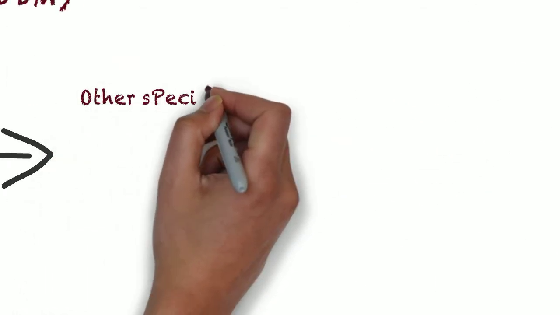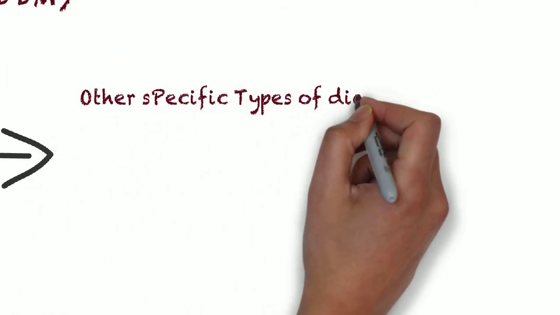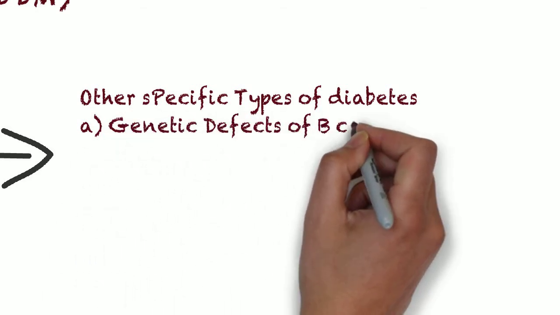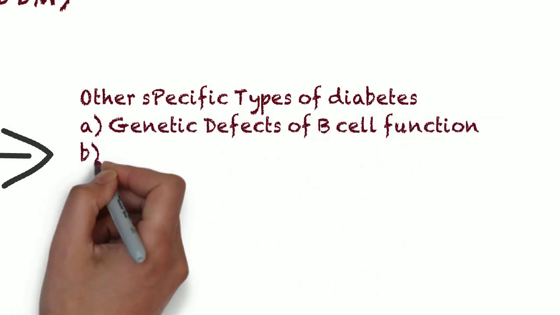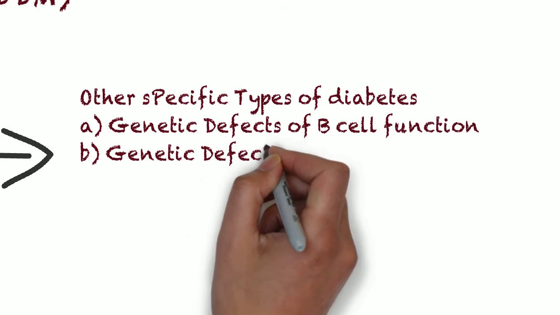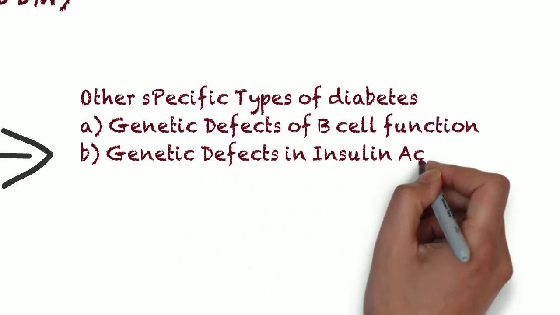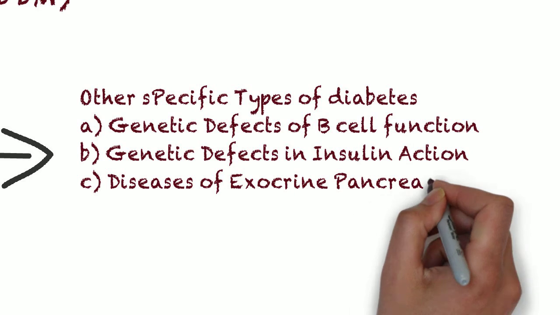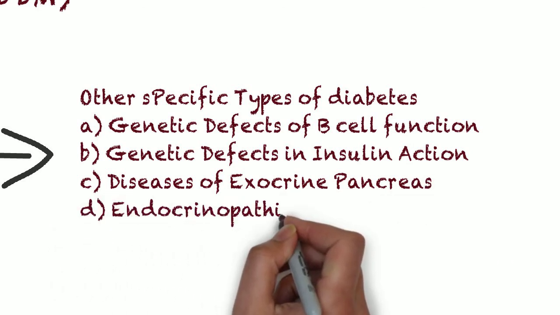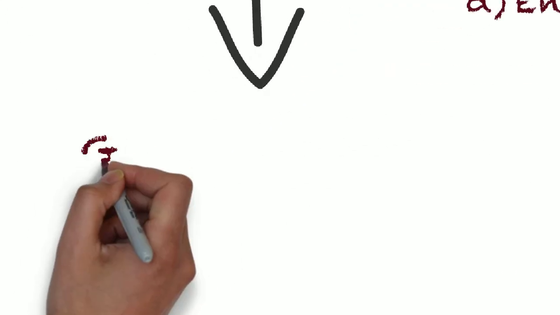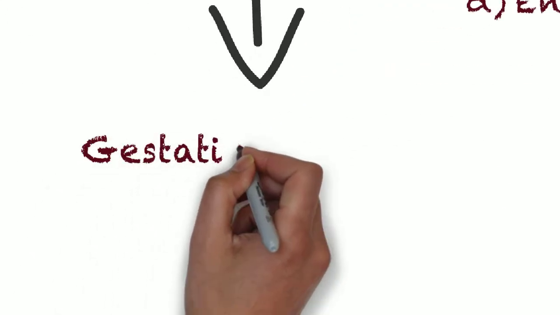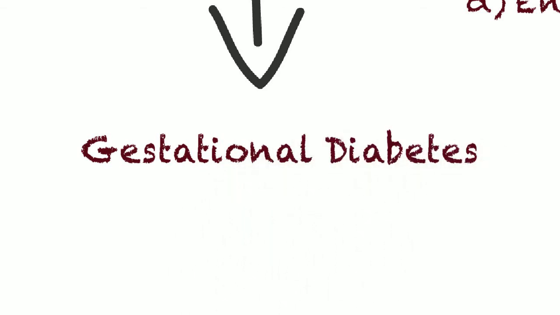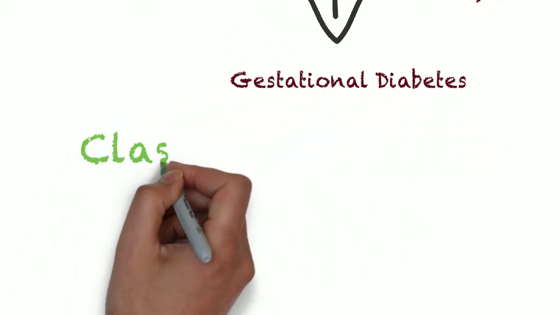The third includes other specific types of diabetes such as diabetes due to genetic defects of beta cell function, due to genetic defects in insulin action, also due to diseases of exocrine pancreas such as pancreatitis, trauma, neoplasia, and endocrinopathy such as Cushing syndrome. Fourth one is gestational diabetes mellitus, also known as the diabetes that occurs during pregnancy.